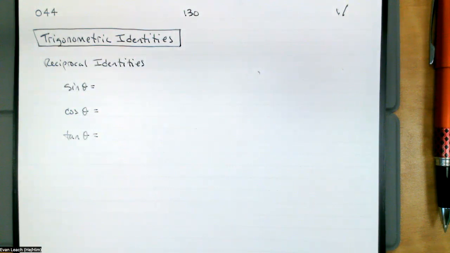We're going to start with the reciprocal identity. This is how we take sine, cosine, and tangent and expand to cosecant, secant, and cotangent.